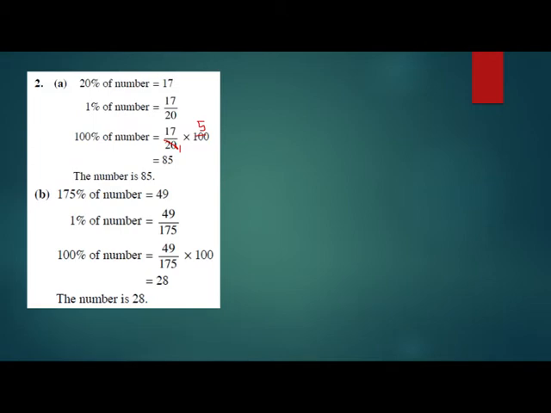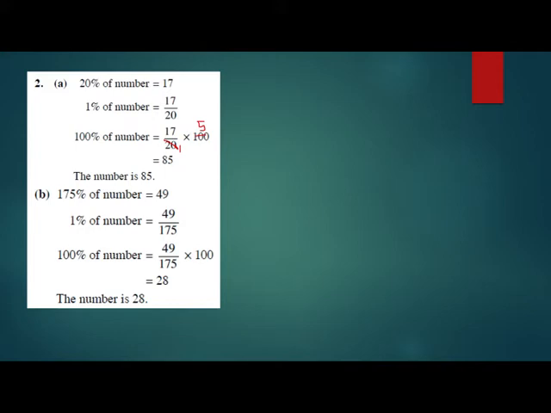In the B part, we have 175% of a number is 49. Find the number. We have to do the same thing. To get 1%, simply divide 49 by 175. Then to find the value of 100%, simply multiply by 100.